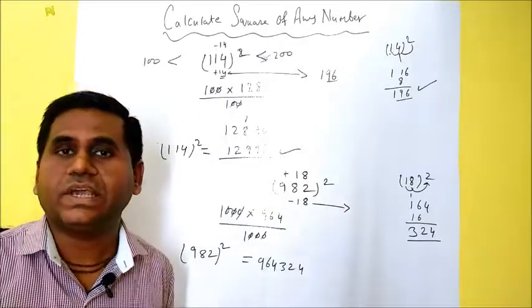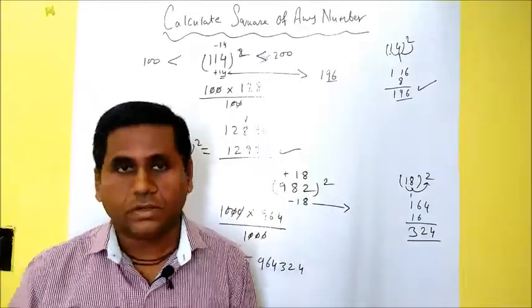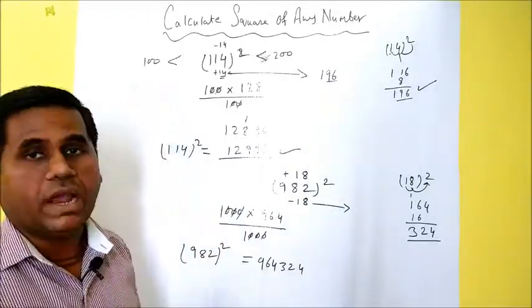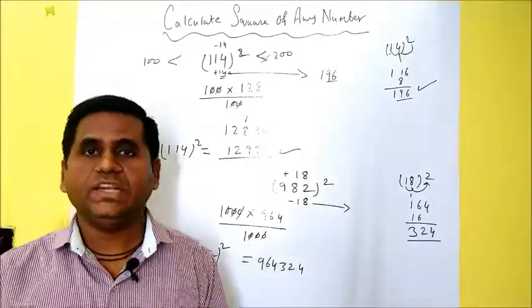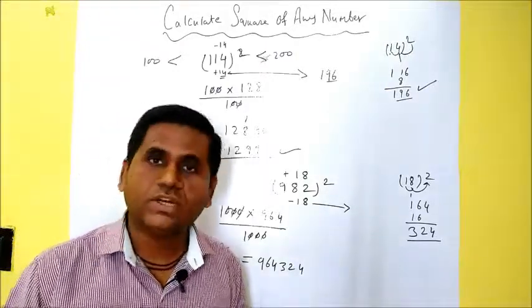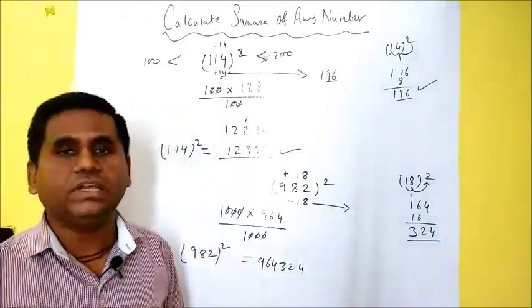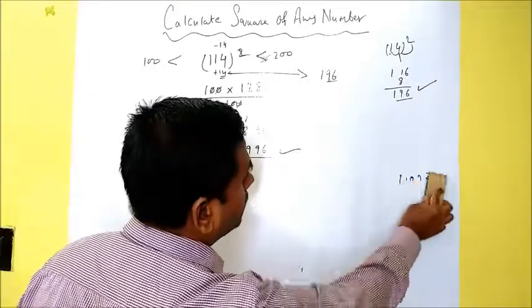Let us take another example which is kind of in between, mid of 100 or 1000, and then we will see how to calculate that. This method works on any number. You can calculate the square of any number using this method. I'll just quickly erase this, friends, and take another example.